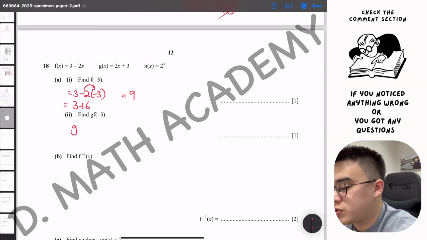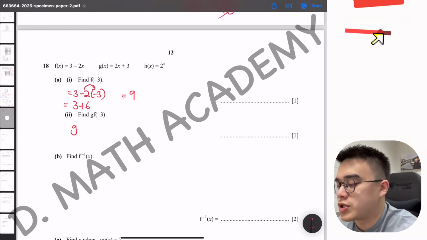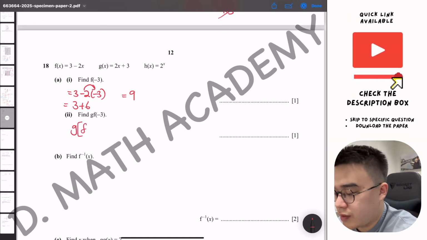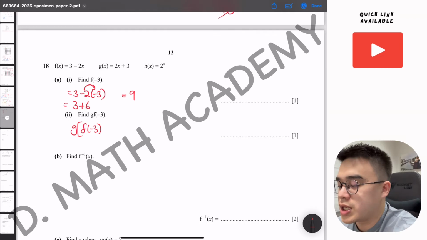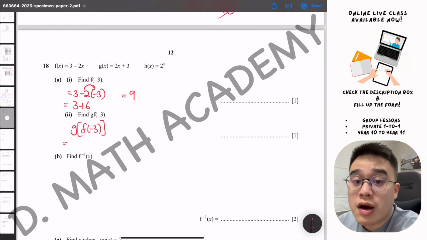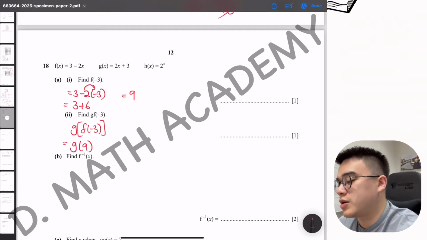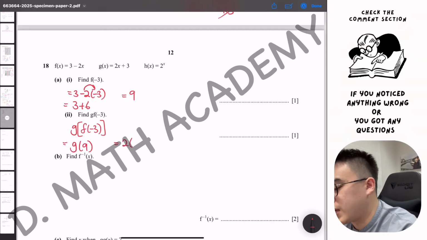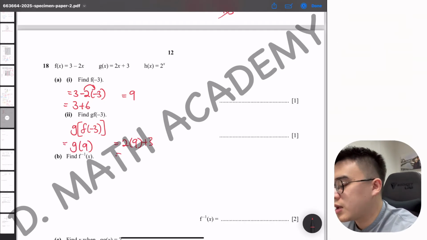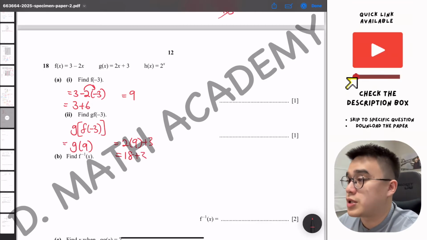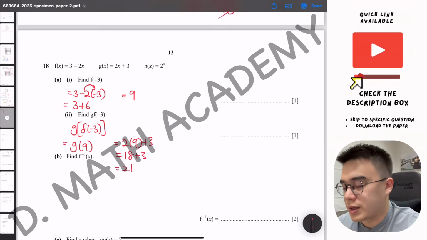What you're supposed to do is to use the answers that you discovered earlier. For those who don't know how this works, it's always sorting out from the brackets first. So you have 9 over here, where you then substitute it in again. 9 times 2 is 18, 18 plus 3 is 21.